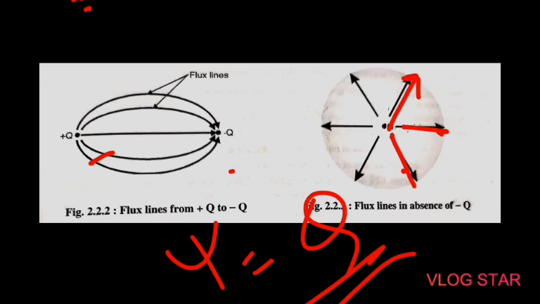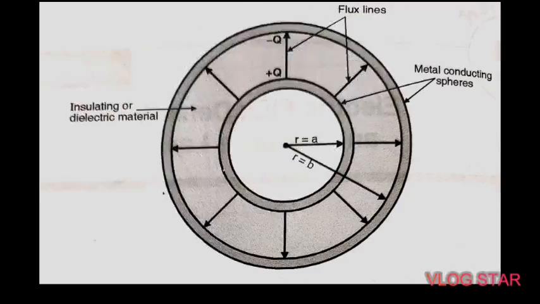Then after that, let us move towards electric flux density. As shown in figure 2.2.1, the inner sphere consists of charge plus Q, and this charge produces electric flux equal to psi on the surface of this inner sphere.